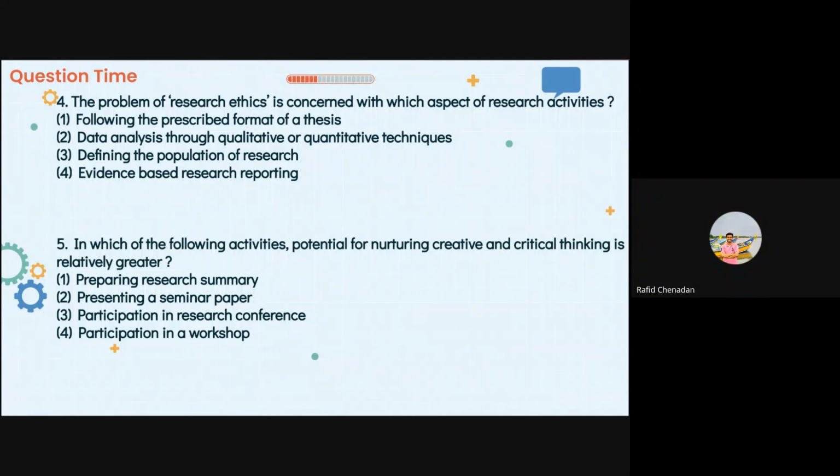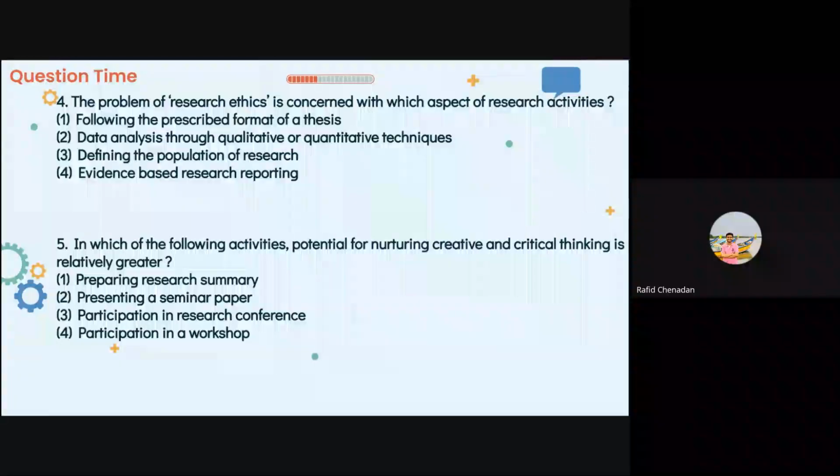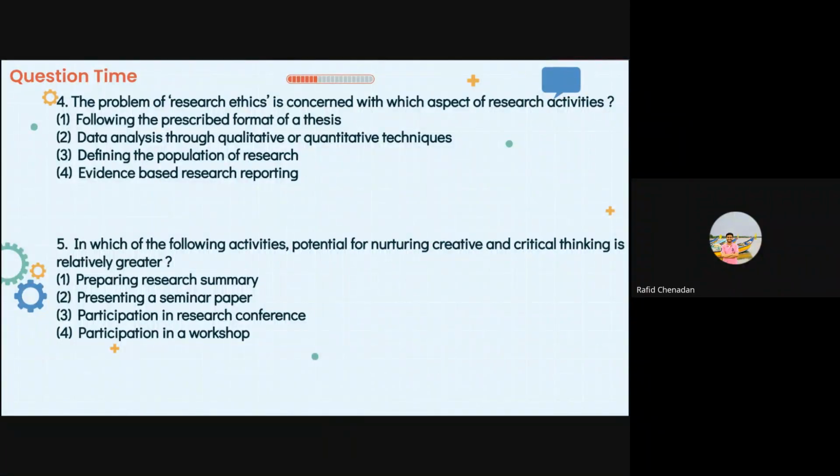Then you're only talking about the COVID vaccine, and those who give feedback are also talking about the COVID vaccine. You cannot really get any other ideas. A conference is again a better option because you can get multiple papers, multiple topics, multiple perspectives related to the same topic or the same area.